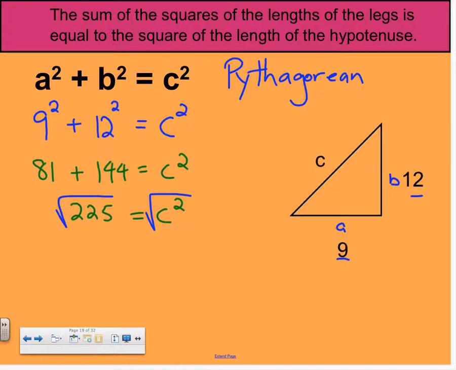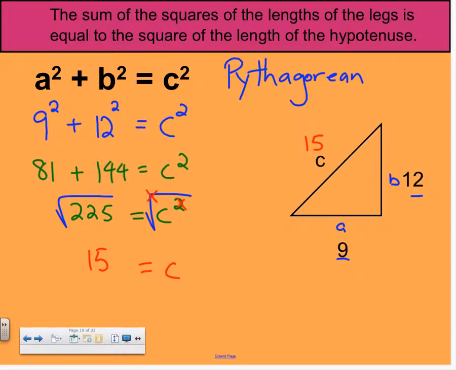The square root and the square will cancel each other out. I'm left with C equals, and if I find the square root of 225, I will find that that is 15. So the answer to this Pythagorean Theorem problem, the length of side C, or the length of the hypotenuse, in this case, is 15.